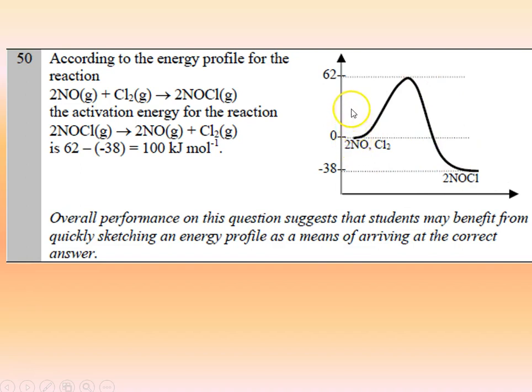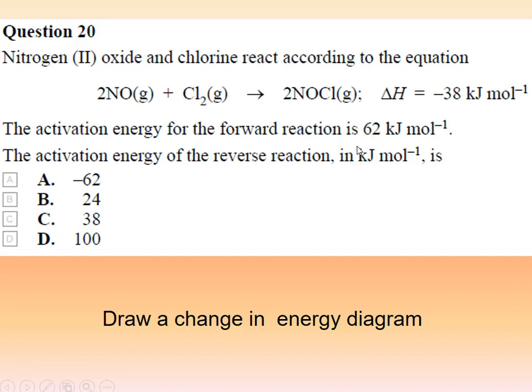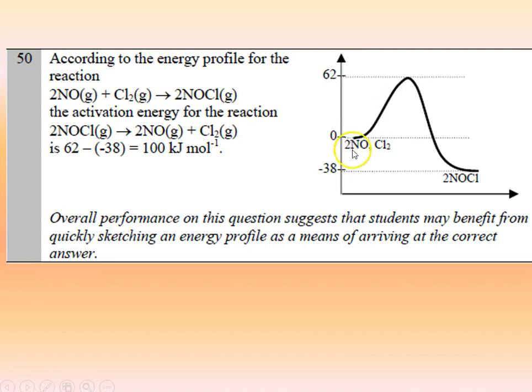So your activation energy for your forward reaction was 62. And your change in H here, the difference between the reactants and the products, is 38. So you can see that if you draw your diagram, the difference from here to here, the activation energy for the reverse, is 62 plus 38, which is 100. And so it's 100, the activation energy.